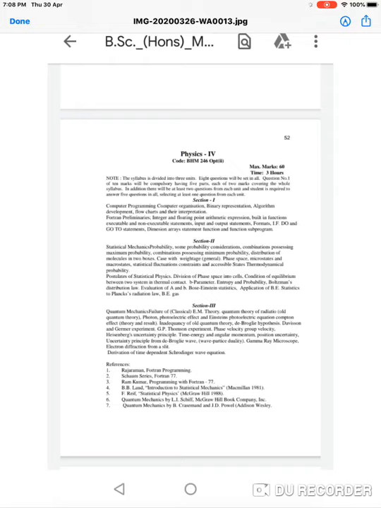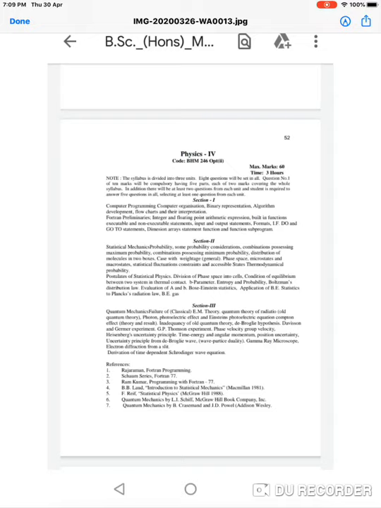The failure of classical mechanics, electromagnetic theory, then quantum theory of radiation, old quantum theory, then the photon consideration and photoelectric effect, which was given by Einstein in 1905, for which he also got the Nobel Prize.